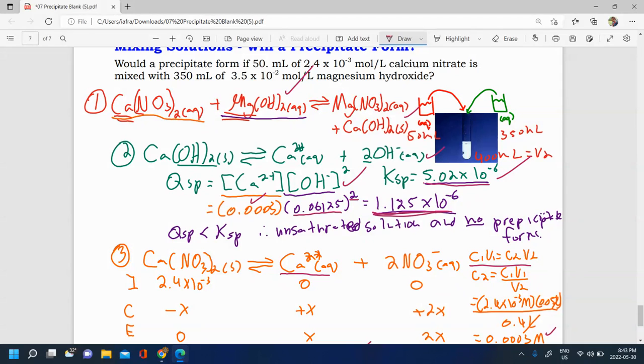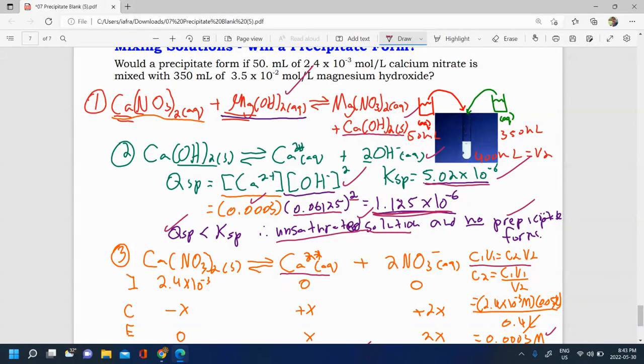This QSP was smaller than our KSP. So what that means is we have an unsaturated solution and no precipitate forms. You can still dissolve more of the magnesium, the calcium hydroxide in this solution. So even though, yes, we saw precipitate in our double displacement, there won't be a precipitation occurring because there's just not a high enough concentration of the ions to result in a precipitation occurring.